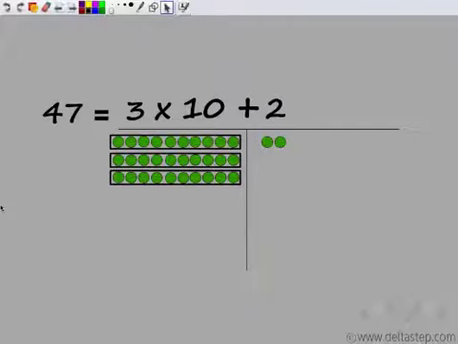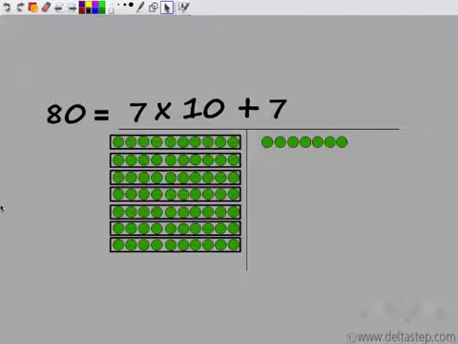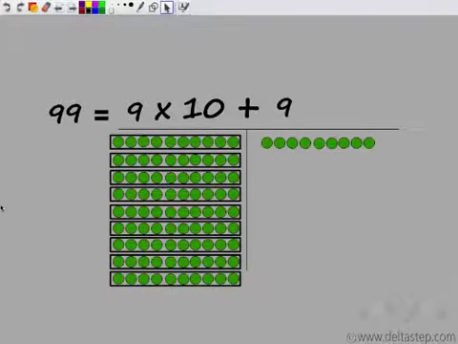Similarly, for 47, you would need 4 tens and 7 ones. And for 80, you would need 8 tens and 0 ones. You can keep on making numbers till 99, which needs 9 tens and 9 ones.